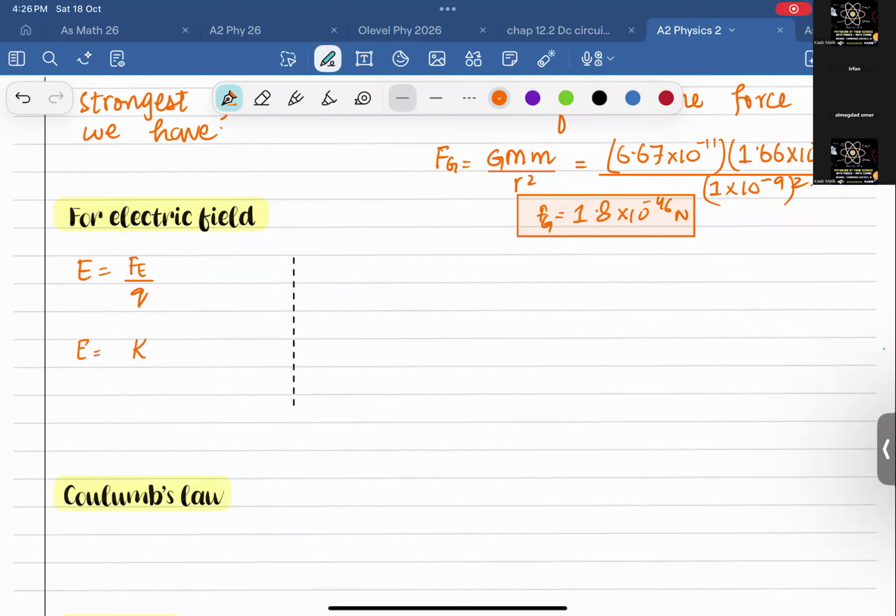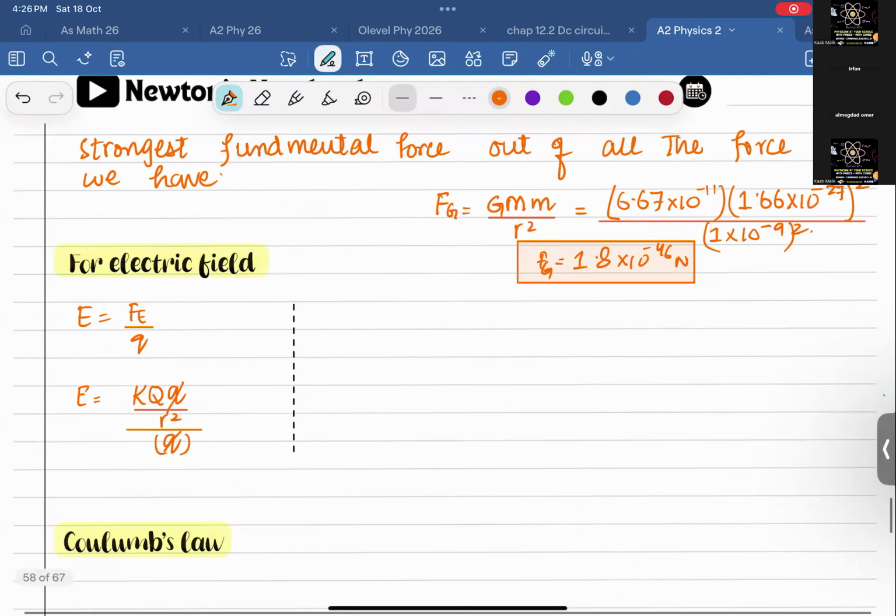So kQq over r squared divided by q. This q and that q go off, and you'll be left with E equals kQ over r squared, right?